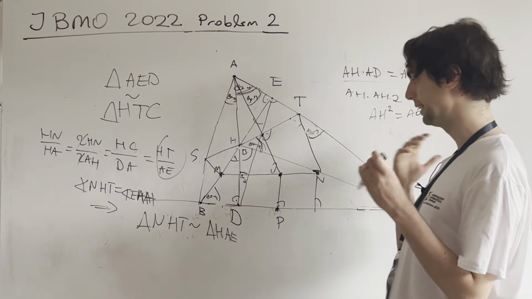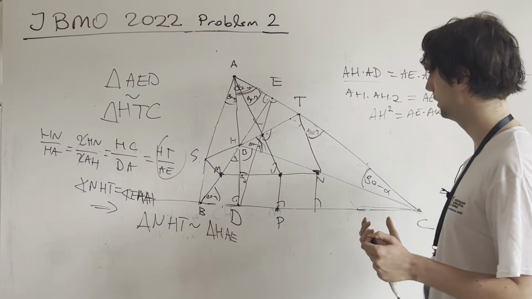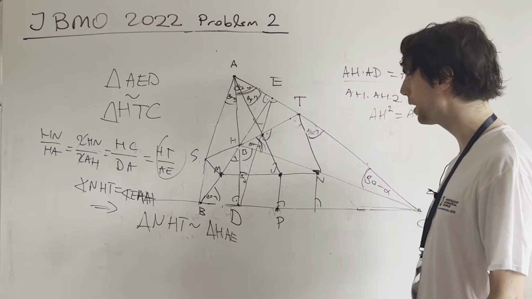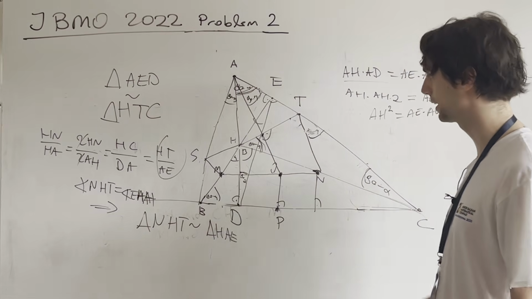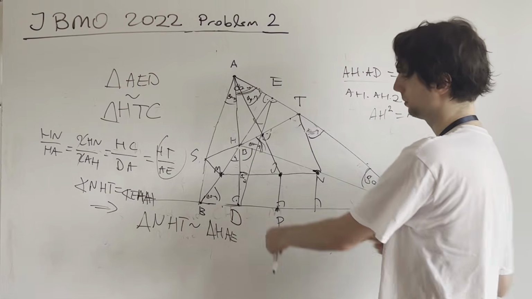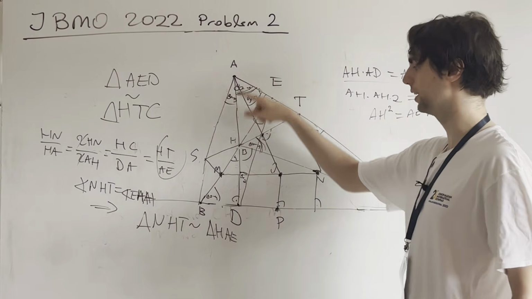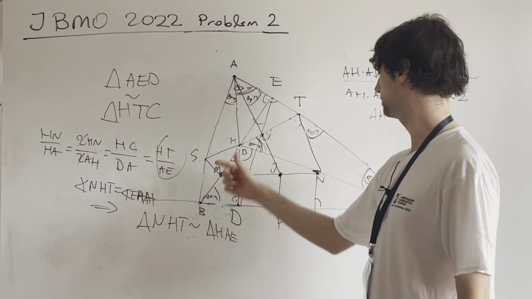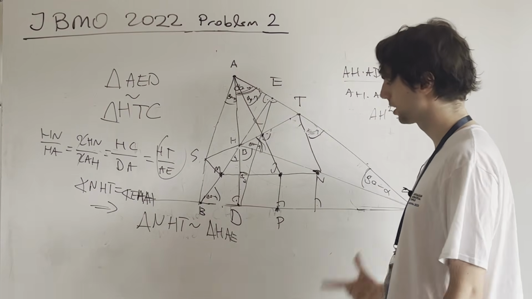Maybe I'm not really seeing something, but I just don't see a way to prove this. I know that this over this is equal to this over this because these are similar. ATS and ABC are similar, and maybe this over this is this over this.